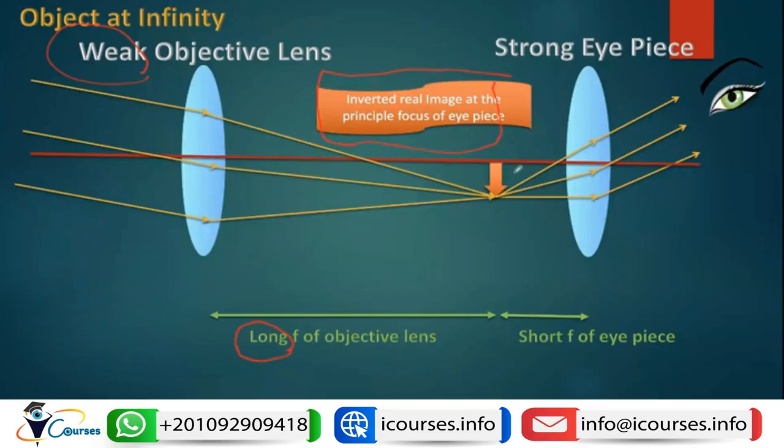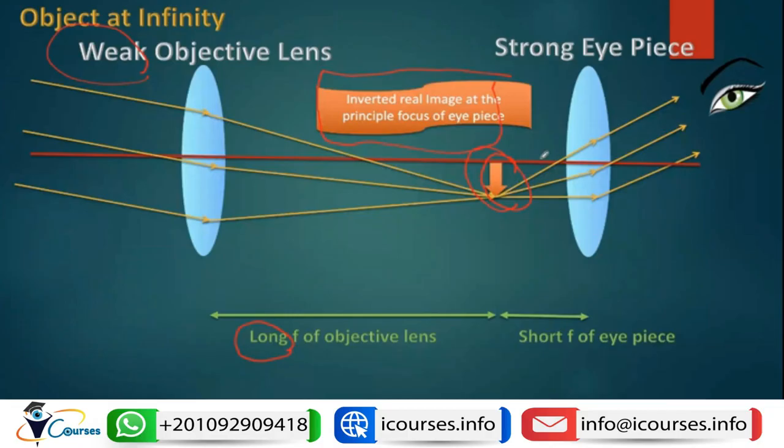So again, there is an inverted real image formed by actual light rays entering the objective lens, and this image is transmitted by the stronger eyepiece so that the rays enter the eye parallel. But the eye cannot see in broken lines, as we agreed earlier.